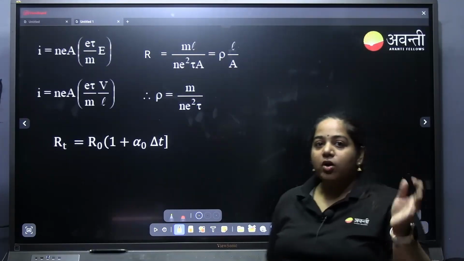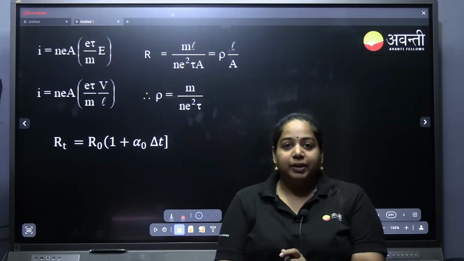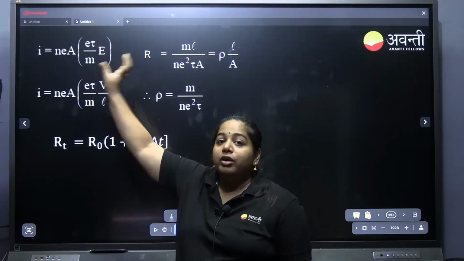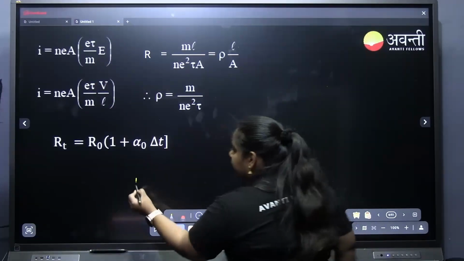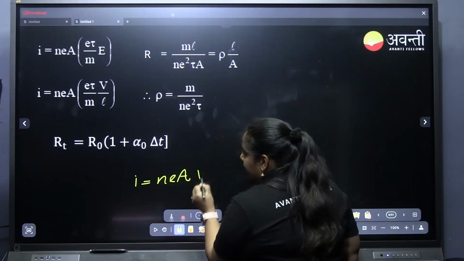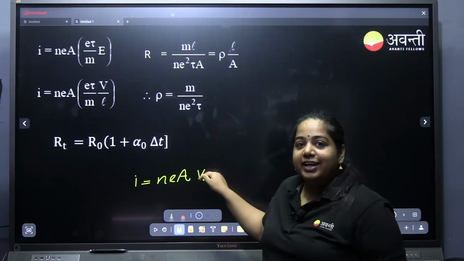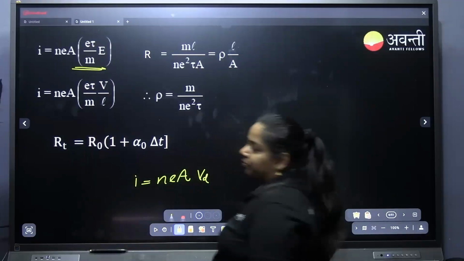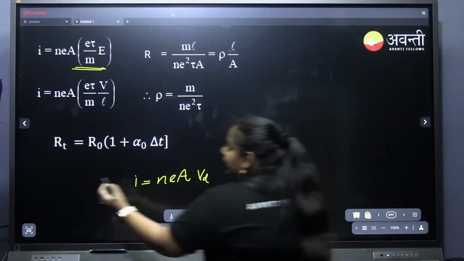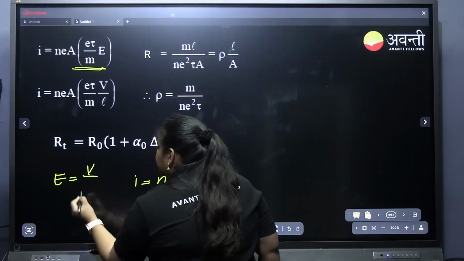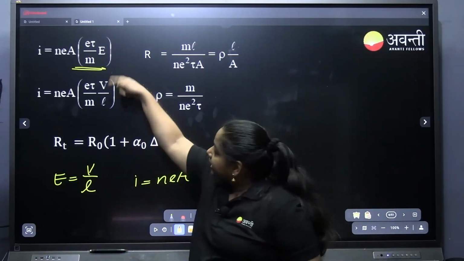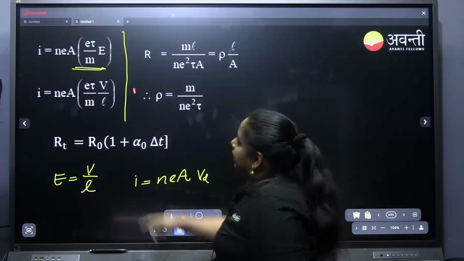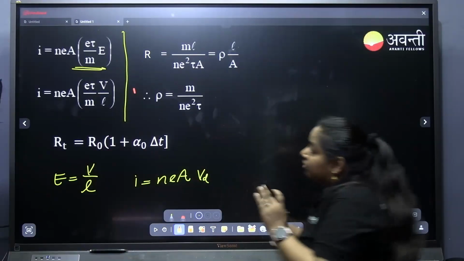Next, based on the formulas which we learned, we are explaining resistance with a new formula. For I we got I equal to NeAVd, right? And for Vd we got another equation with electric field, so we are substituting that equation here instead of Vd. Now electric field can be said as potential per unit length, so we changed electric field into that. And from this we are applying Ohm's law.